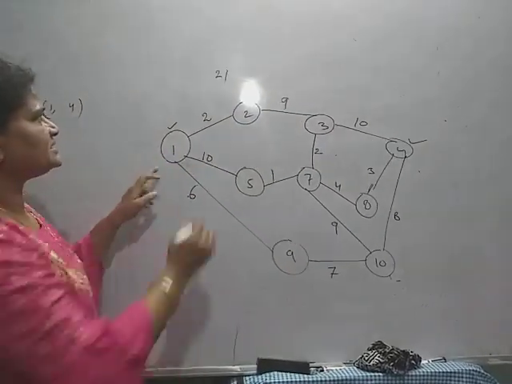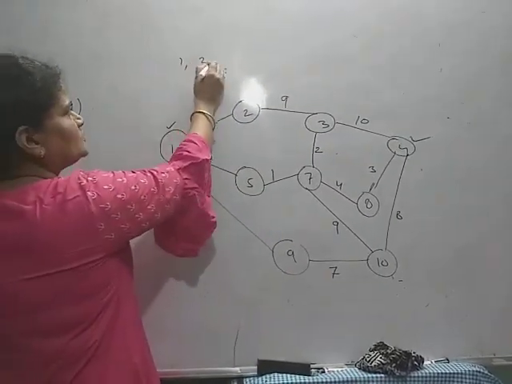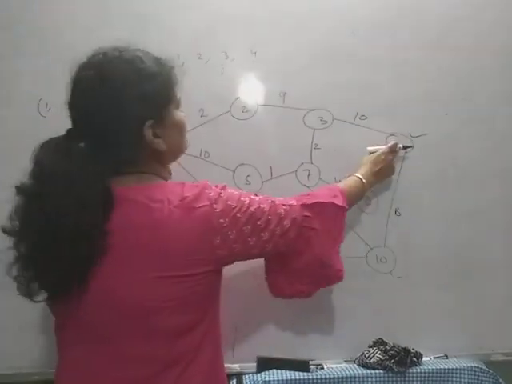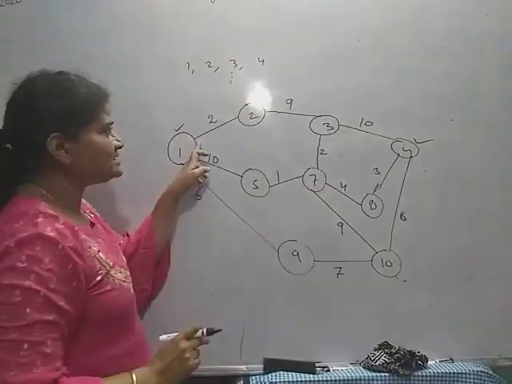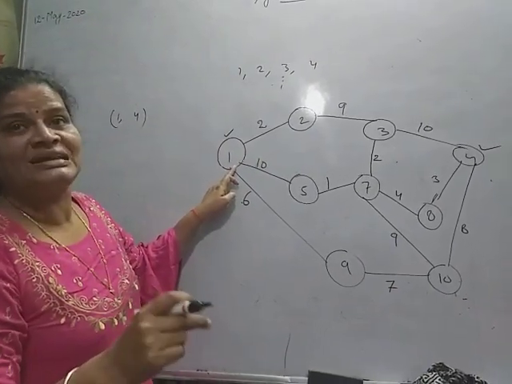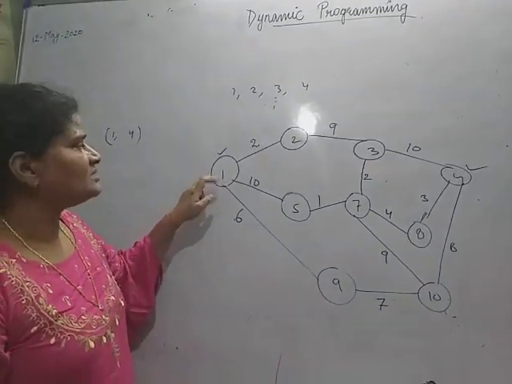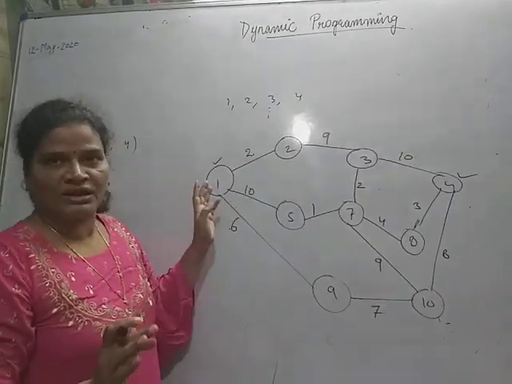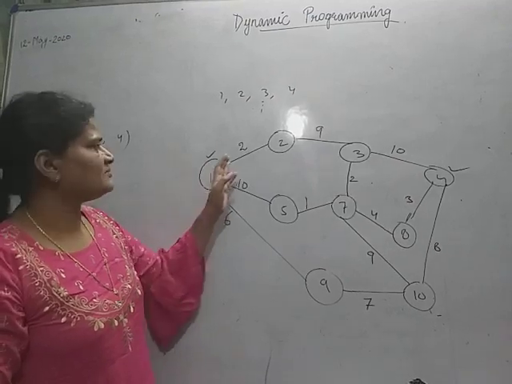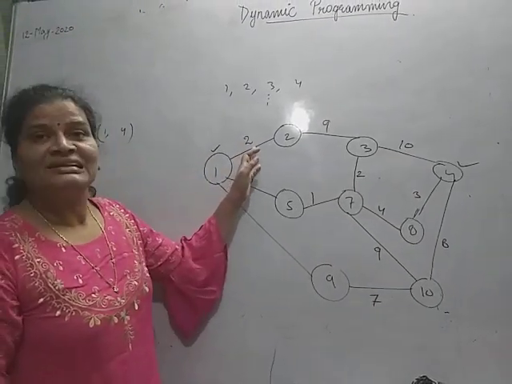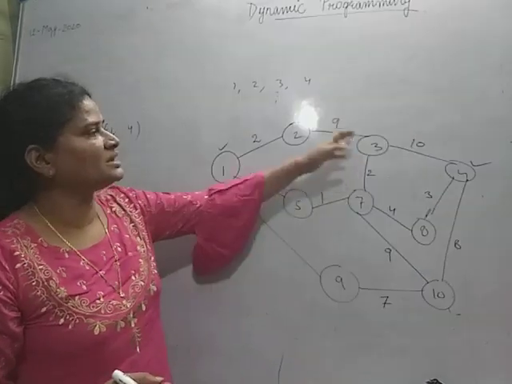If we consider the path 1, 2, 3, 4, as 2 is the nearest vertex from 1. What decision am I taking at present from 1? There are 3 vertices adjacent to 1. So what we do in the greedy algorithm is take the next vertex as the nearest vertex. So 1, 2, 3, 4.